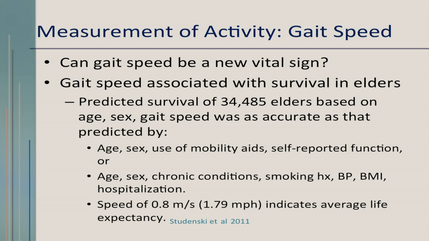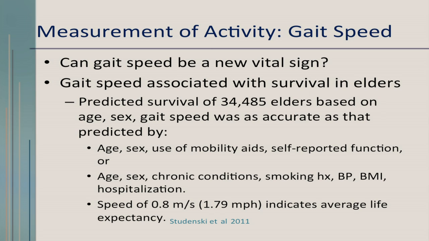The predicted survival of almost 35,000 elders based on age, sex, and gait speed was as accurate as that predicted by age, sex, use of mobility aids, self-reported function, or age, sex, chronic conditions, smoking history, blood pressure, body mass index, hospitalization. So again, a simple 10-foot walk test and measuring their gait speed in that short of a period of time has been deemed to be a very important predictor of mortality.